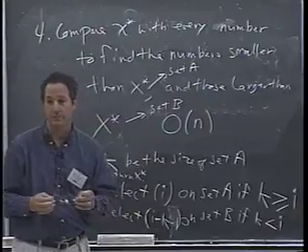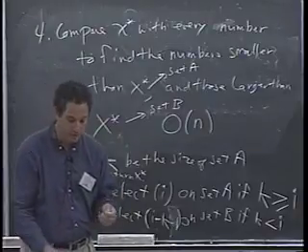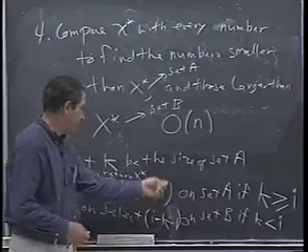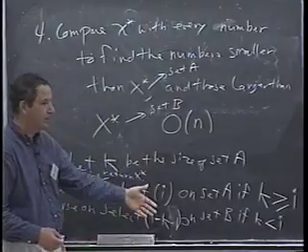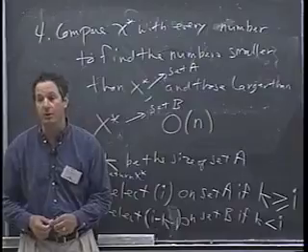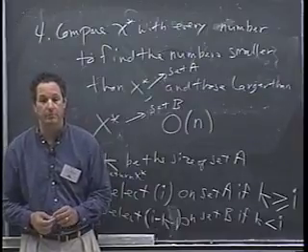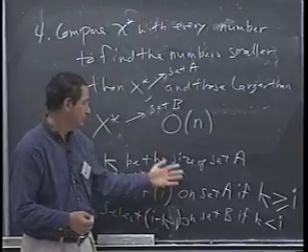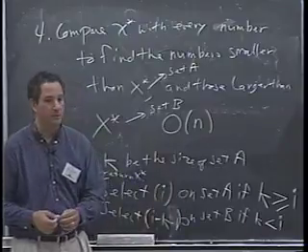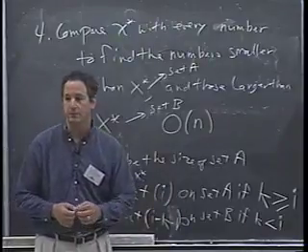Clear to everybody? Now let me ask one question here. If the size of A and the size of B were roughly equal each time, then can you see what the overall running time would be like?